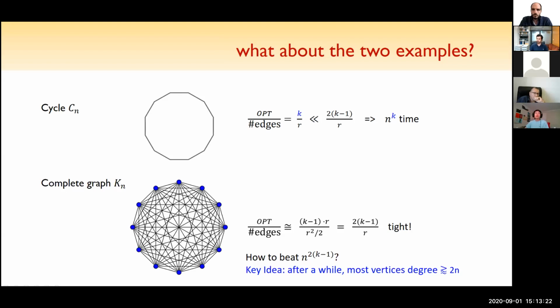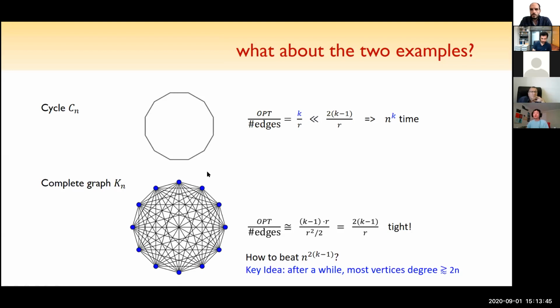So here the key idea is that tight examples like this will not show up over all iterations. The first step might be tight for the algorithm, but as the algorithm takes more and more steps, with very high probability, this example will no longer show up.